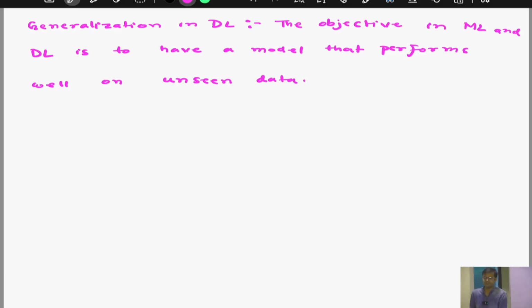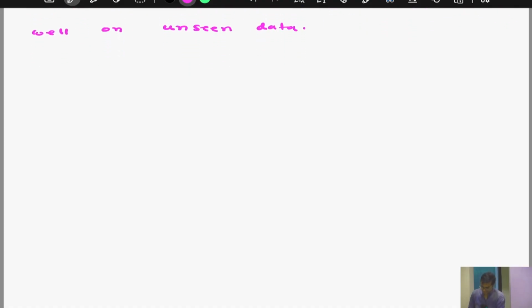So, if it is supervised learning, given X star, can I predict Y star with a high level of accuracy? Okay, that is the general objective, right? Well, on unseen data.